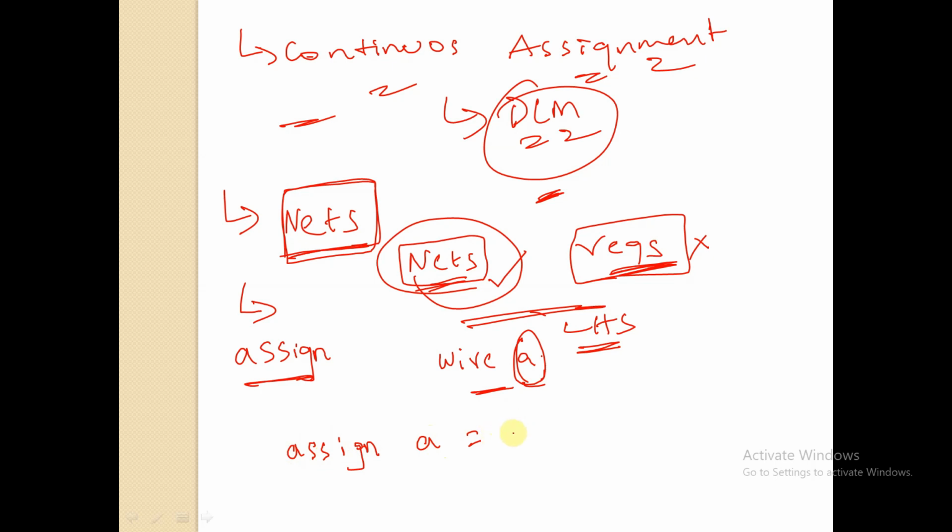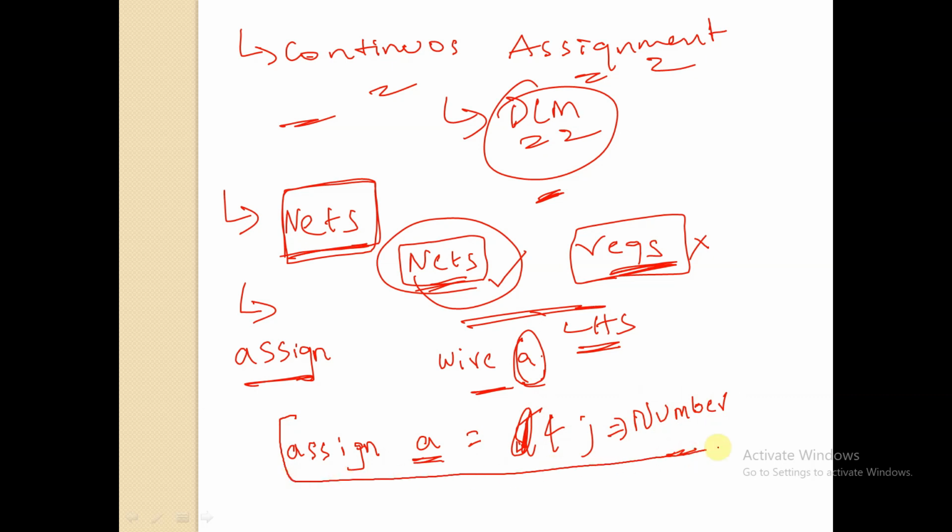Here I will take three cases. The first case is storing a value, let's say 4. I'm storing a direct number in the wire. So this is a continuous assignment where we are storing a direct number in a net.